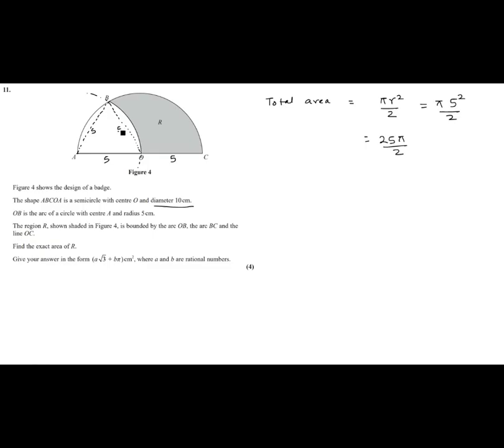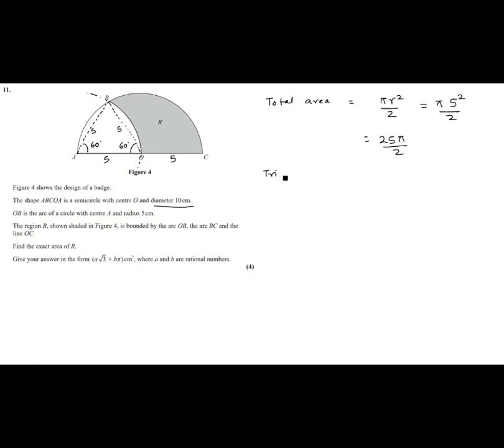That means this angle will be 60 degrees. It's an equilateral triangle, and this will be 60 as well. So it's very easy to work out the area of this equilateral triangle.